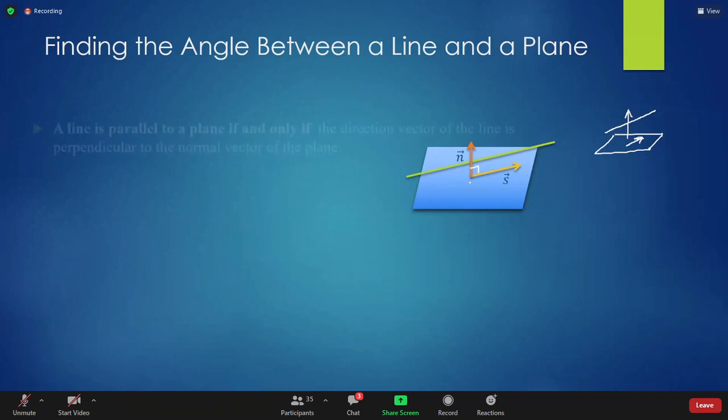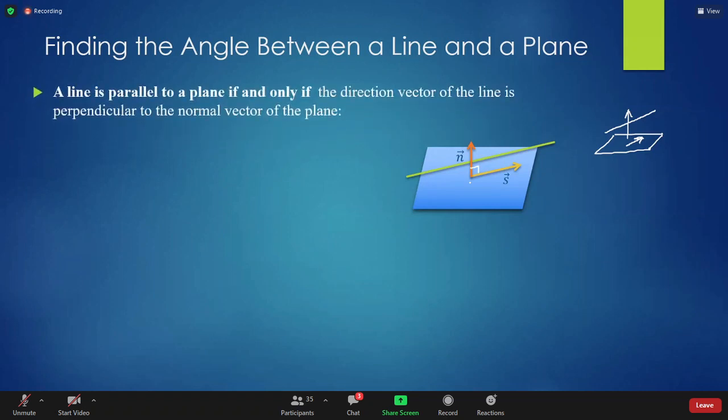So if we are exploring parallelity between a line and a plane, we have to understand that the direction vector of the line and the normal vector of the plane have to be perpendicular, because the line is parallel to the plane. That is, it is perpendicular to the normal vector of this plane. And so sketching is necessary if you want to understand what is going on. So in a situation like this, I will expect a sketch in your homework, in your unit test, in your midterm examination.